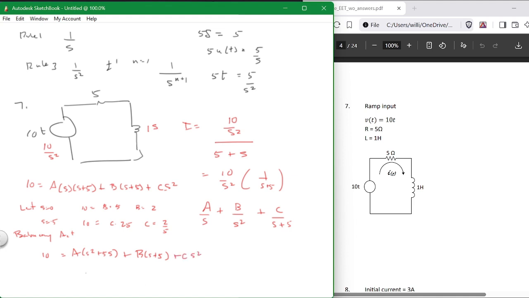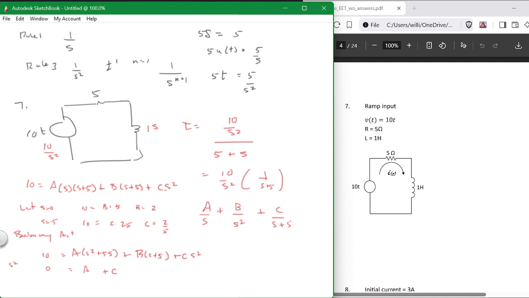Now you pick one to your advantage. You notice the S squared terms. A plus C is equal to 0, because there's no S squared term on the left-hand side. There is 0 on the left-hand side, equal to A plus C.